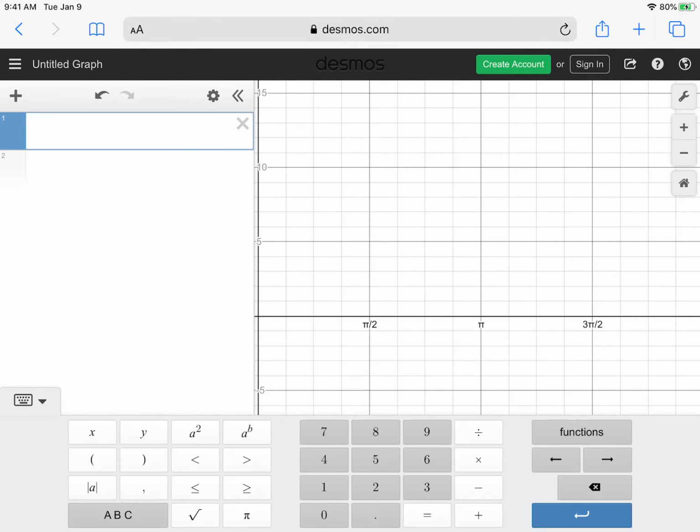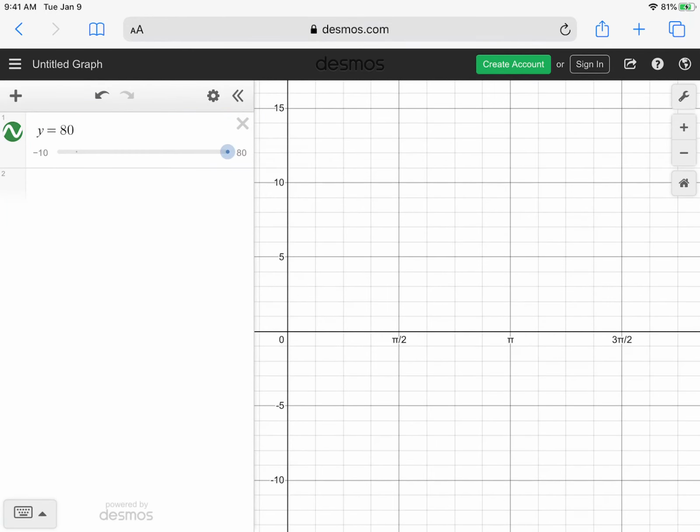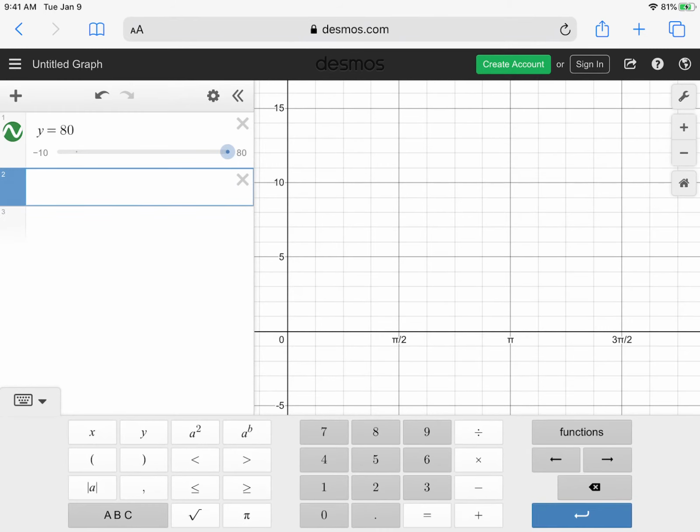We want to know where it intersects 80. So I'm going to do y equals 80. And you can see you don't see it, right? But look, you're only going up to 15, so we're going to have to change that window at some point. Then my other function is 60 plus, oh geez, sorry, I'm moving too fast.